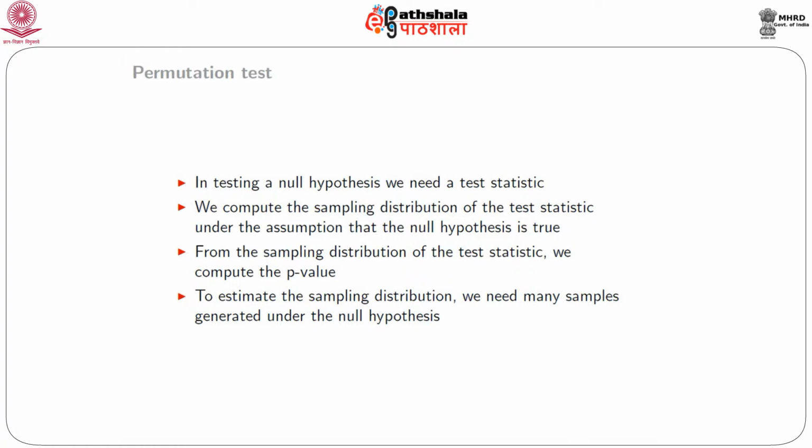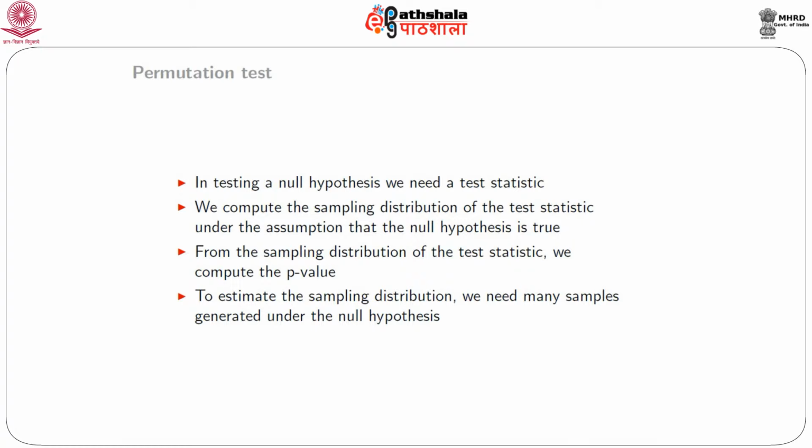Obviously, in classical testing, there are some test statistics, and for some null hypotheses this can be done analytically, and then from that we can calculate the p value, assuming that the null hypothesis is true, and we can base our decision about the hypothesis that we are considering.